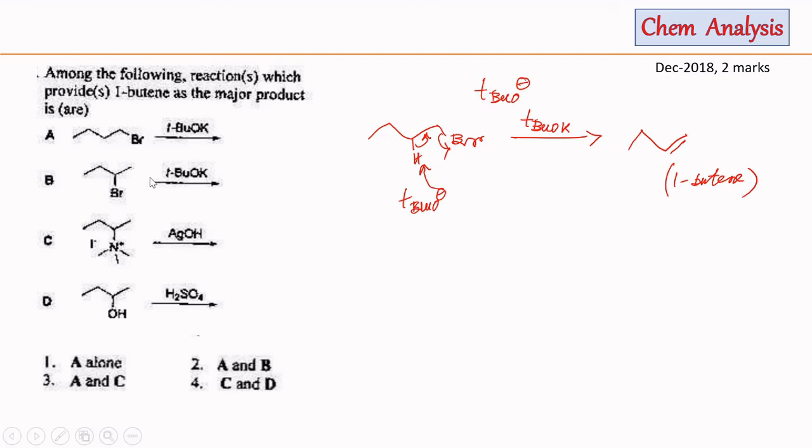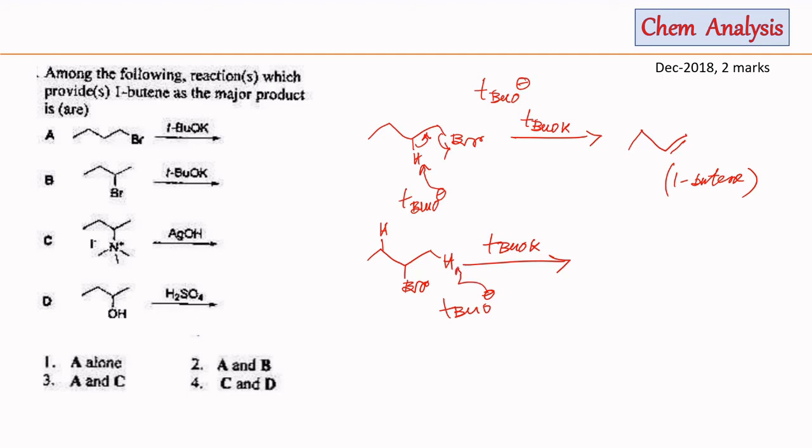And for the second case, if the secondary bromide is treated with potassium tert-butoxide, then there is a possibility of abstraction of two different types of acidic proton, since both protons are quite acidic.